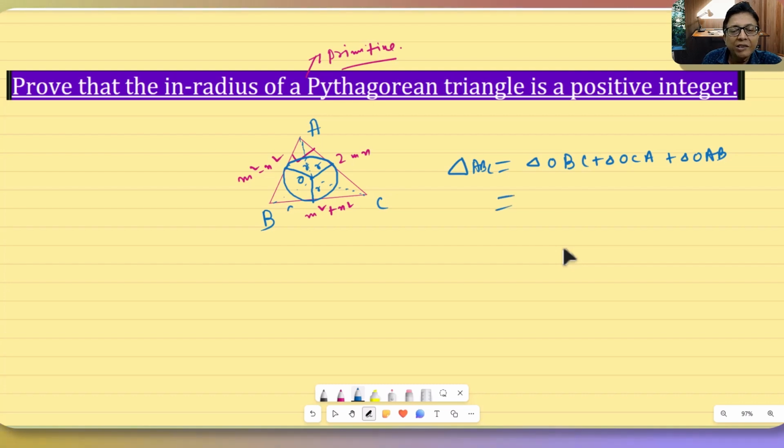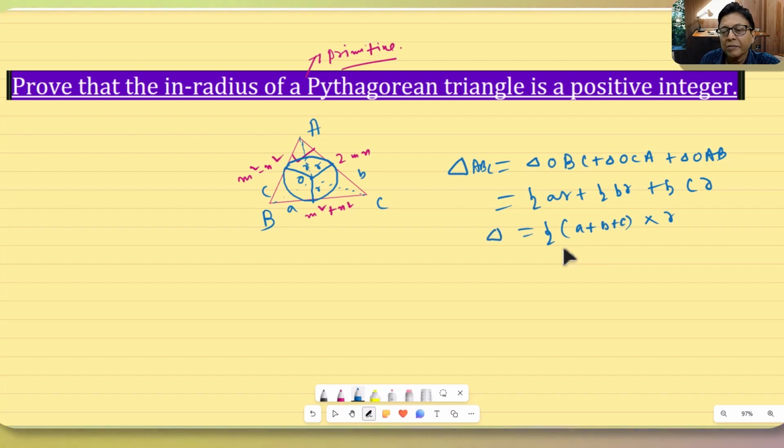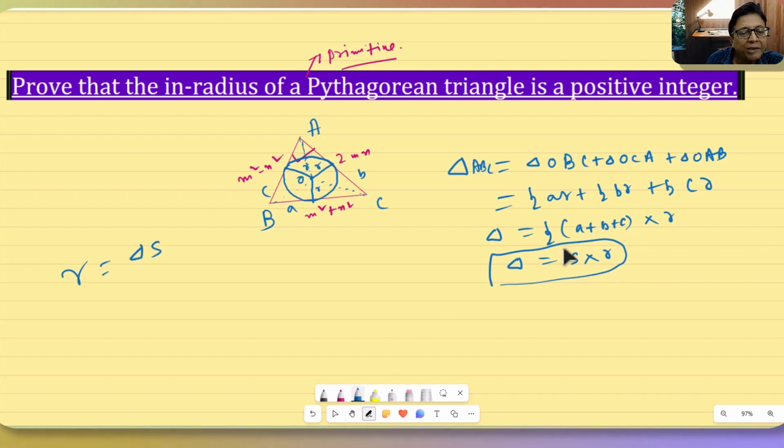This side length is A, this one B and this one C. This is going to be half AR, half BR, half CR. Half into A plus B plus C into R. But this is the semi-perimeter, you know. So delta equals S into R. R is going to be delta divided by S.